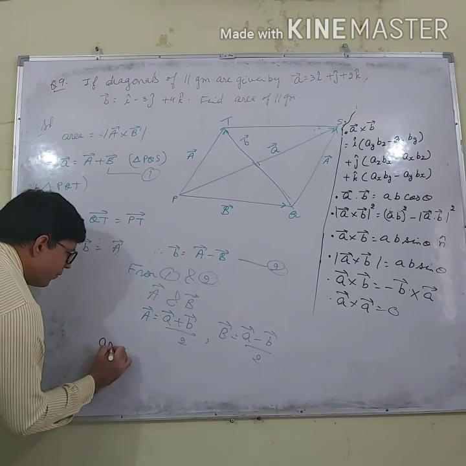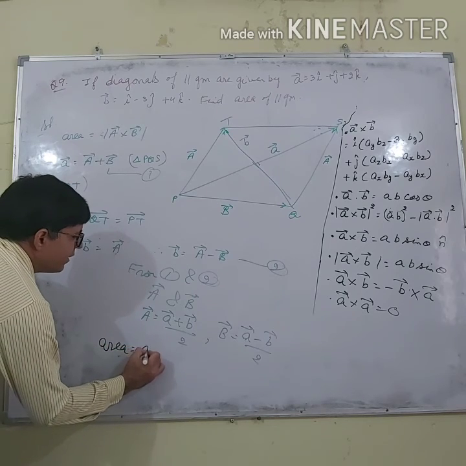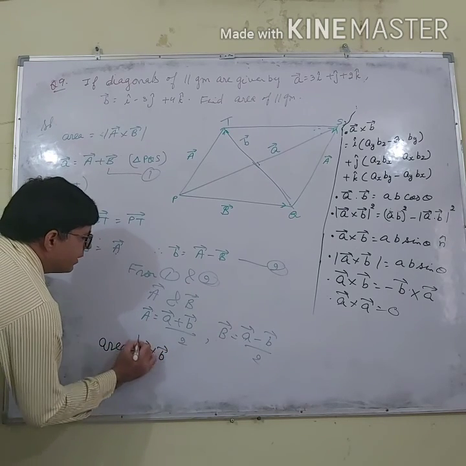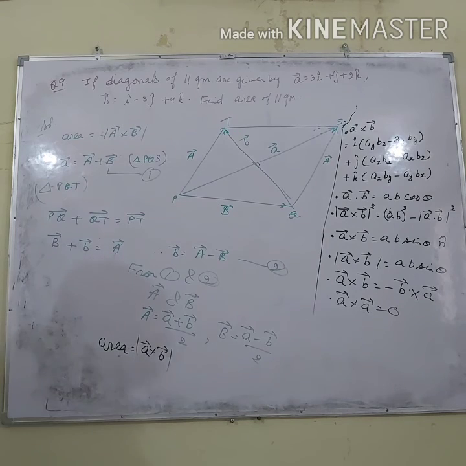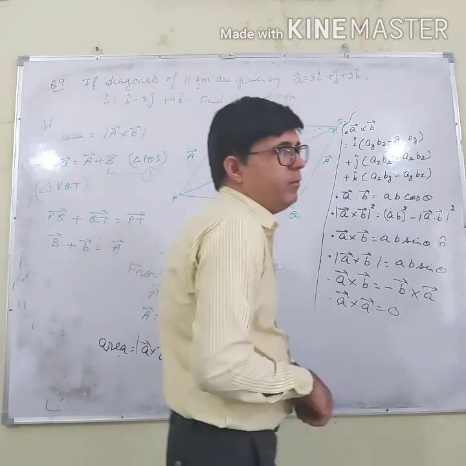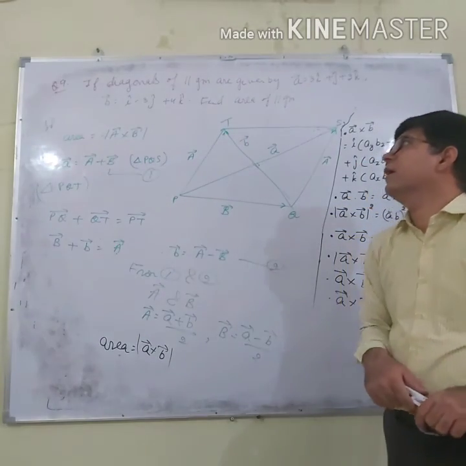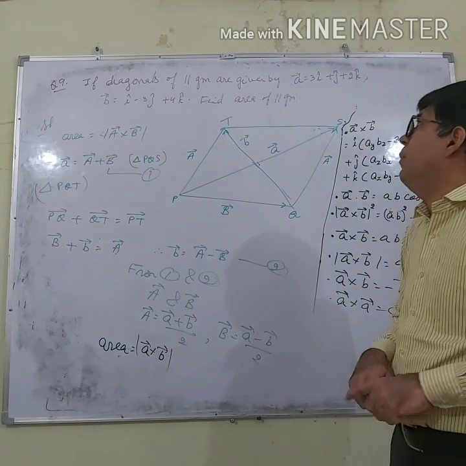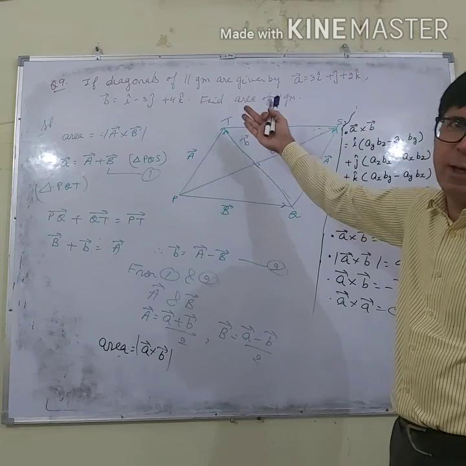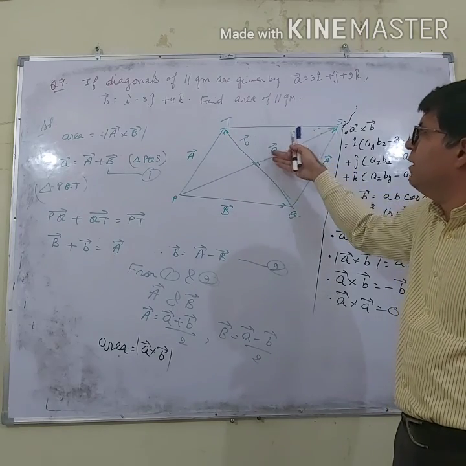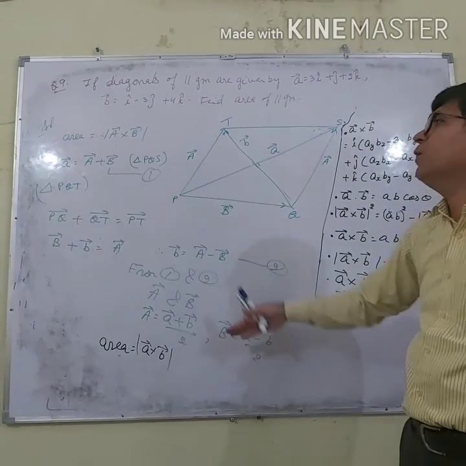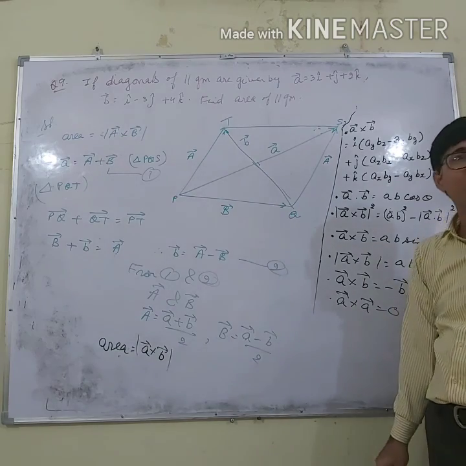The area is given by the magnitude of A cross B. I think now you can find the magnitude of A cross B. So sometimes statements are modified and questions become difficult, but they are not as difficult as they appear. You can simply use your techniques and simplify those questions.